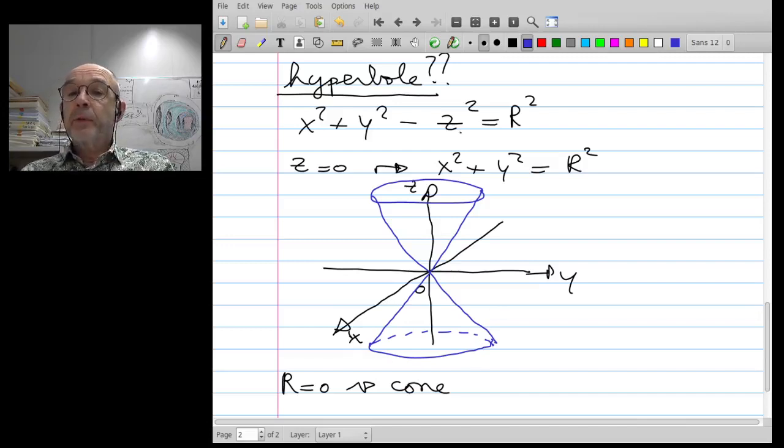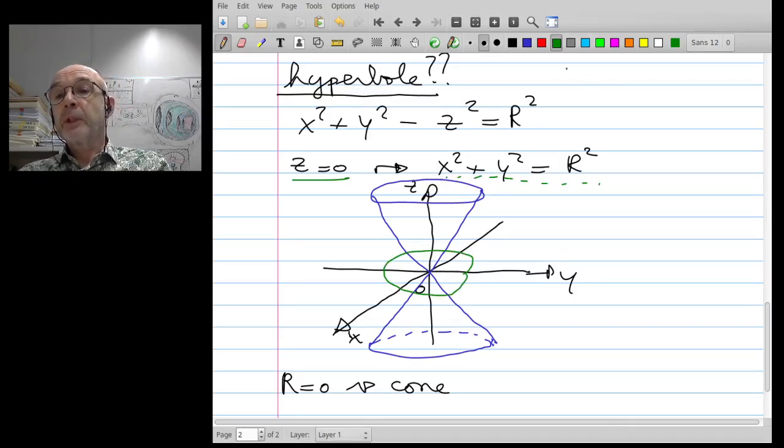And now, what did we see? If we took z equal to 0, we have a circle in the xy plane. So we have this here. So if the r is not equal to 0, we are sitting on this side of the cone.